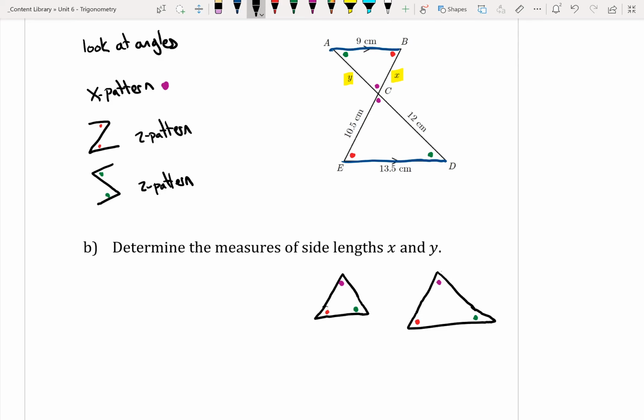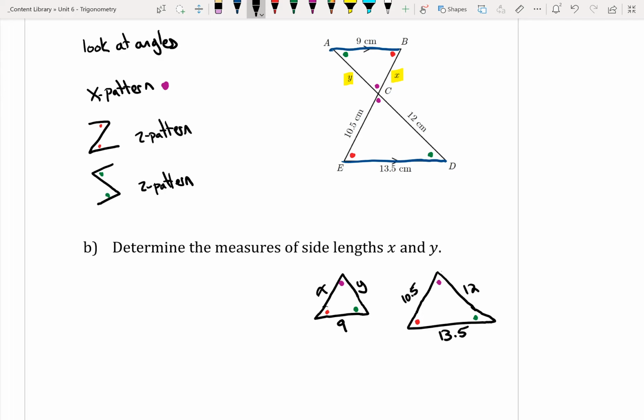So going from the red and green dot, on the small triangle it has to be 9, and on the large triangle it's 13.5. On the large triangle from purple to green it's 12, and purple to green on the other triangle it was Y. From red to purple it was 10.5, and red to purple on the other triangle was X.